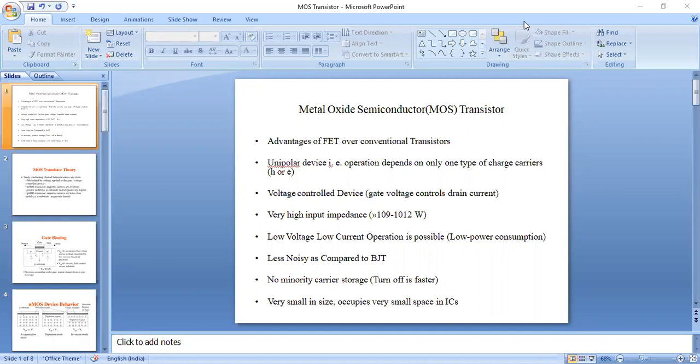Good morning, everyone. In today's class, we are going to see about the metal oxide semiconductor transistor, also called the MOS transistor.